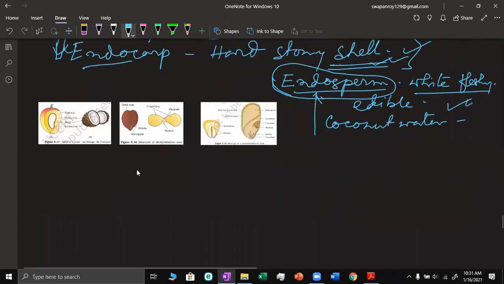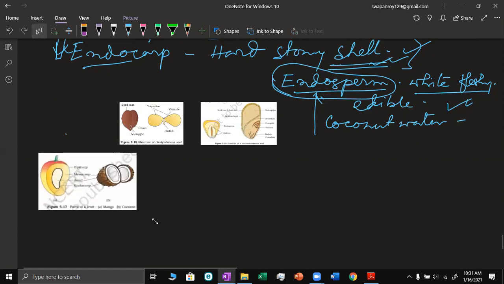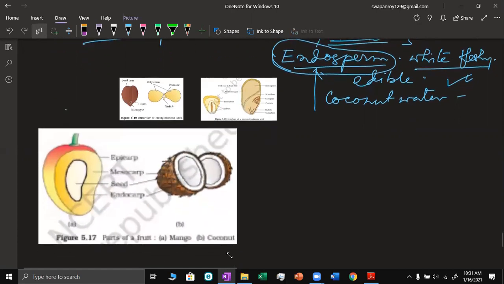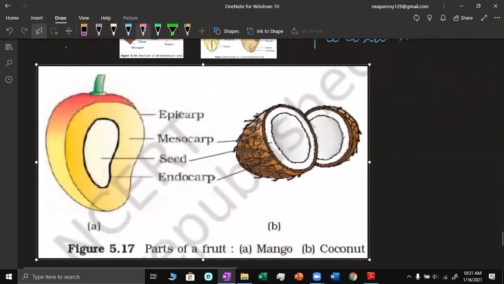Here you can see, this is the mango section, that is the epicarp.